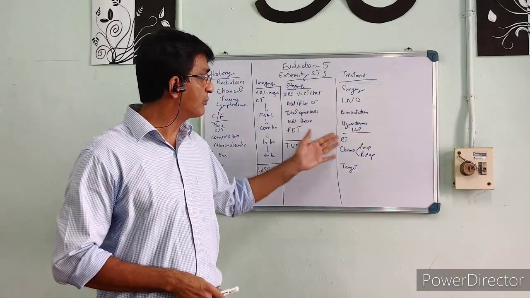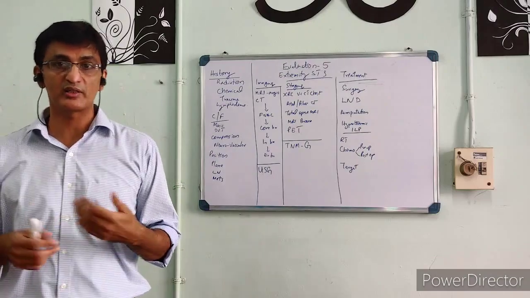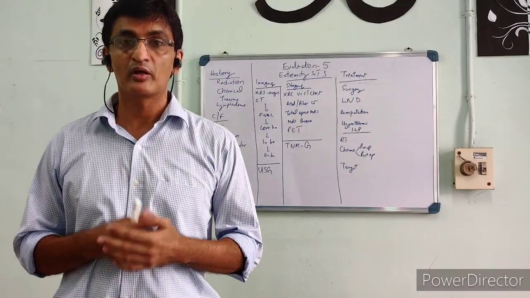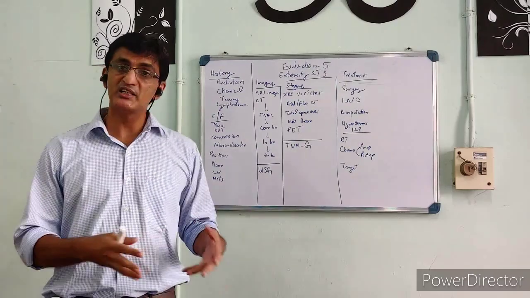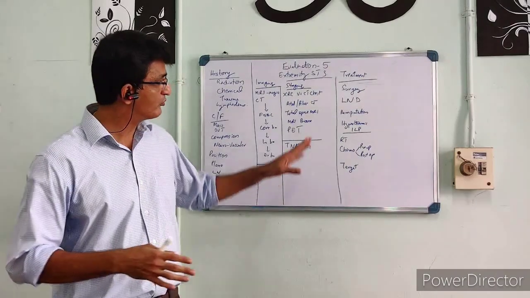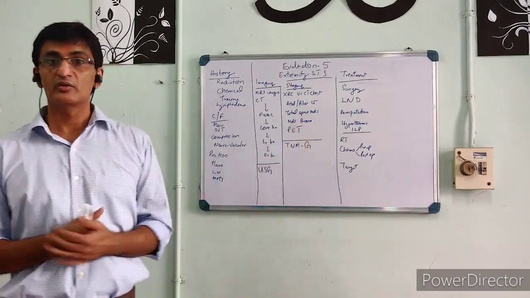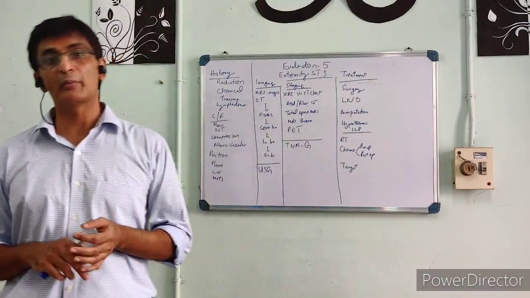What is the role of hyperthermic isolated limb perfusion? You may have heard about isolated limb perfusion, usually followed in melanoma. Suppose the whole limb has multiple or recurrent lesions and you cannot do a surgical procedure; you can go for hyperthermic perfusion. The commonly used drugs are tumor necrosis factor alpha or melphalan.